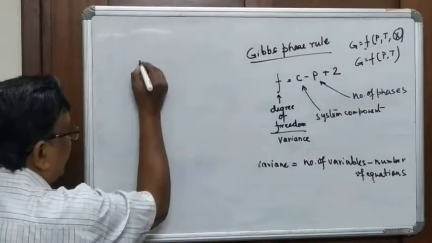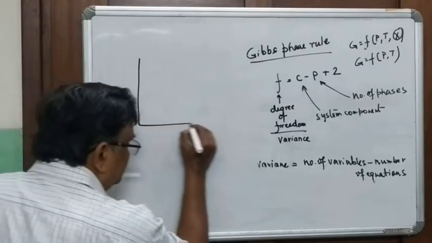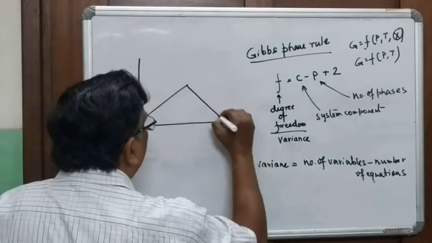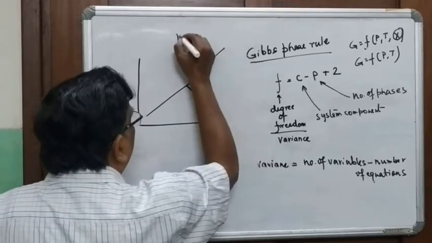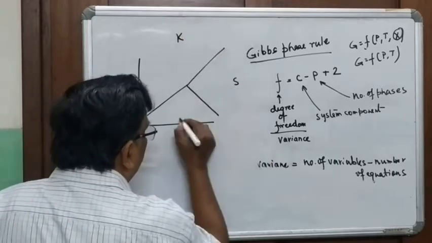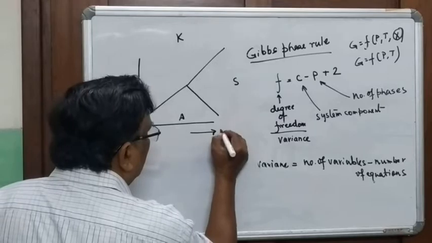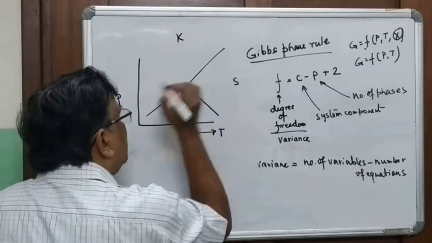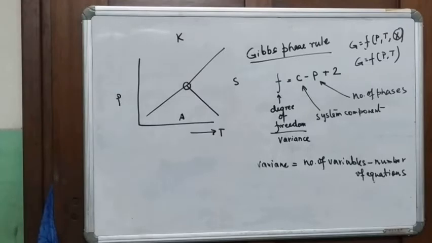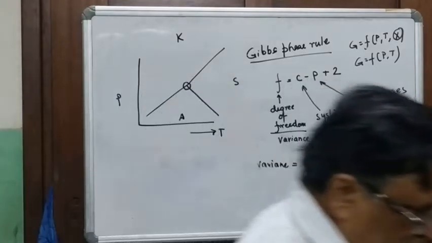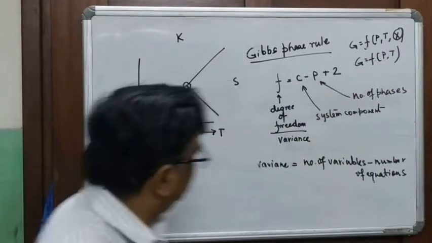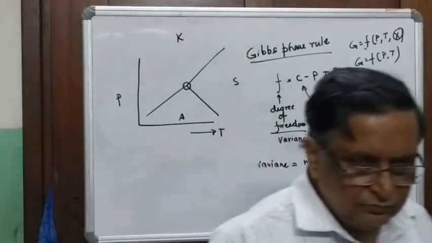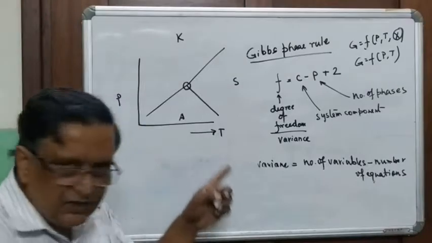I will draw this diagram again. We have been talking so far about the triple point. Let us shift to any of these lines. When I draw with the black pen, it means what?